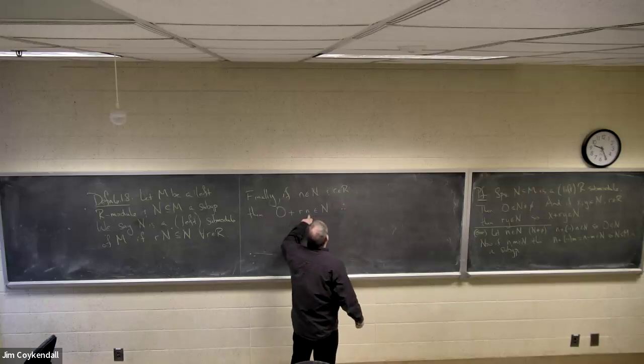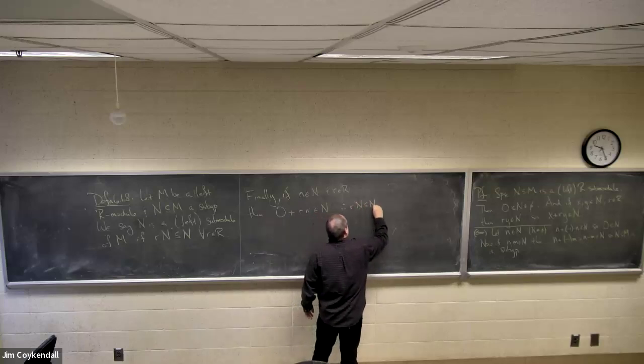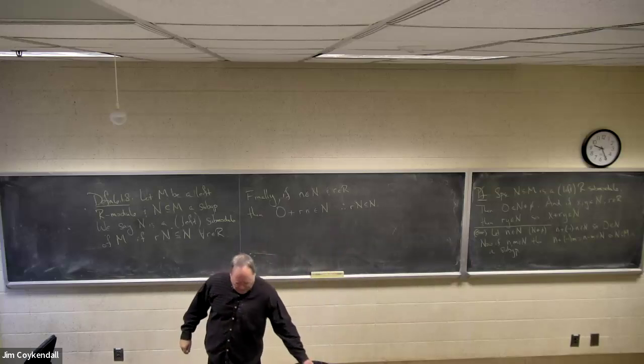So when I multiply r times n, it's still in N, so rn is in N. There you go. Okay.